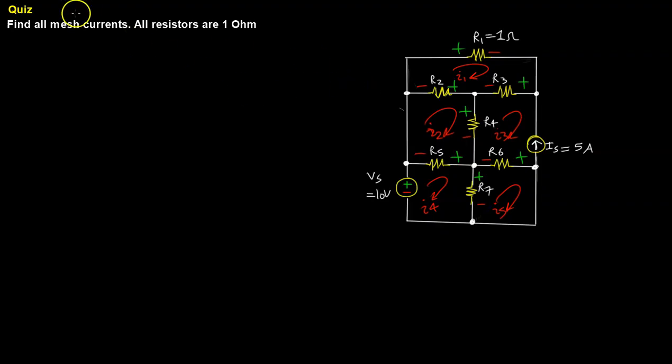Now I'm going to just write all of my equations. Let's do all of our KVL equations. So we have 5 unknowns. We're going to need at least 5 equations that are unique from each other, linearly independent from each other. Starting from here, I'm going to say positive R1 times I1.